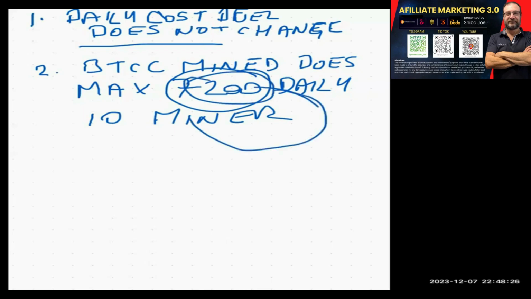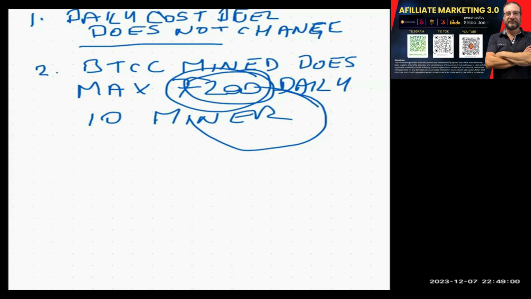All 10 of these, if they were of the equivalent value, would get 720 each. If all 10 people had a 1x miner, it would be distributed equally. But if you've got some people with a 1x, some people with a 10x, some people with a 100x, then it will be distributed according to the size of the miner. But the point is that it is only 7,200 a day distributed to the entire mining population.